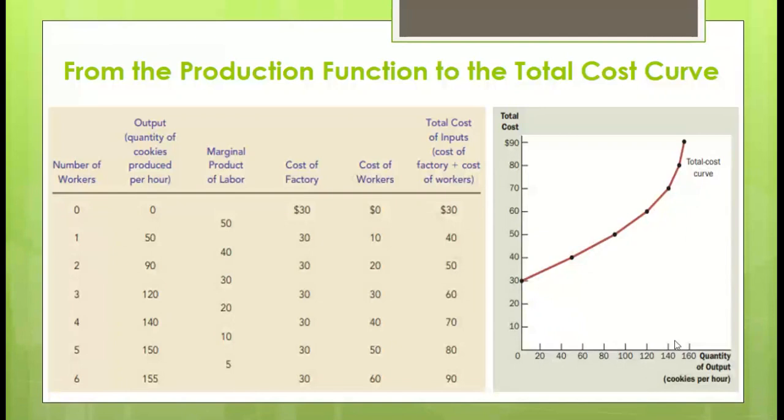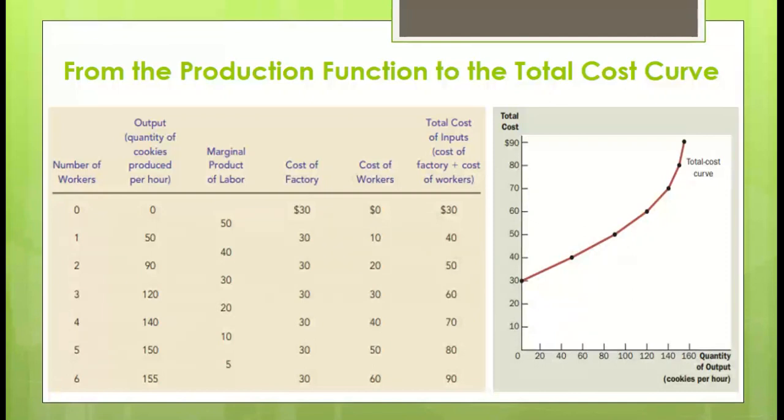So against 140 units of output produced, the total cost would be $70 here. And for 150 units of output, the total cost is $80 here. If the quantity produced here is 150, the total cost against this output level is $80.